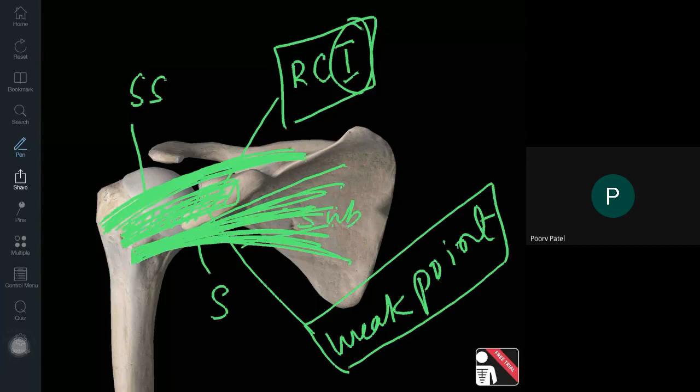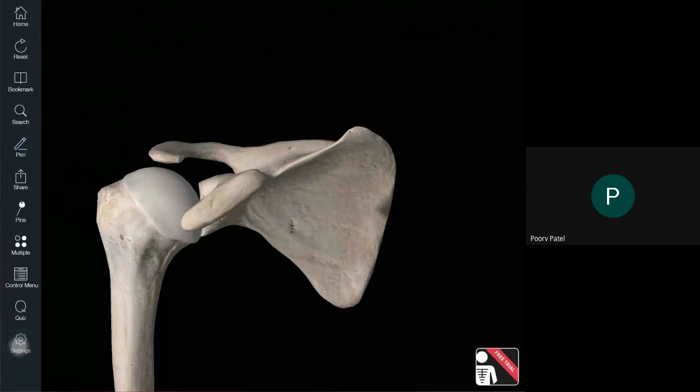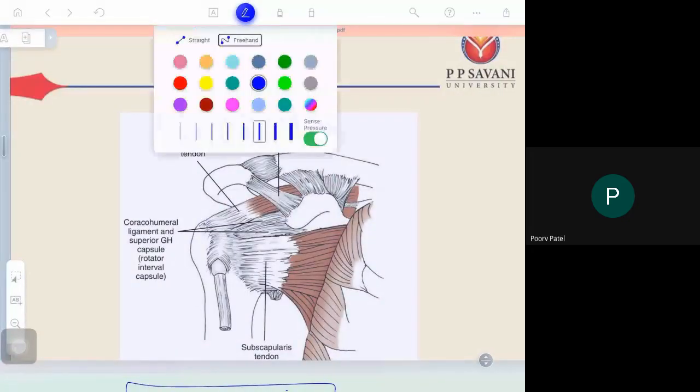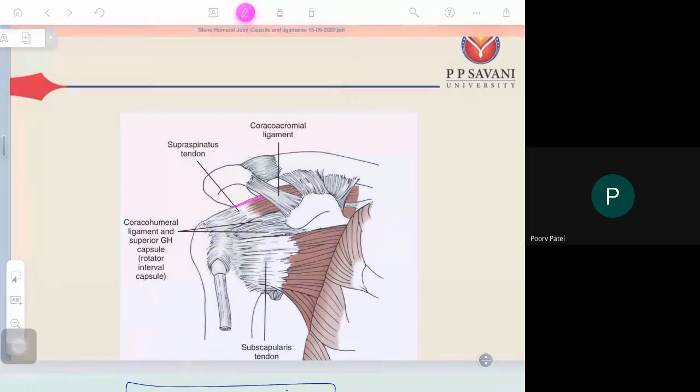Clear? So this rotator cuff interval is covered by three structures. You can see in this diagram. Clear? This is supraspinatus muscle coming like this. And here is the subscapularis muscle. Clear?